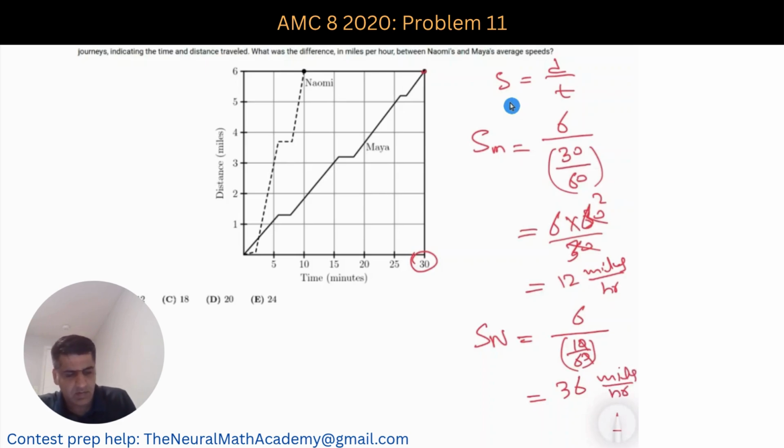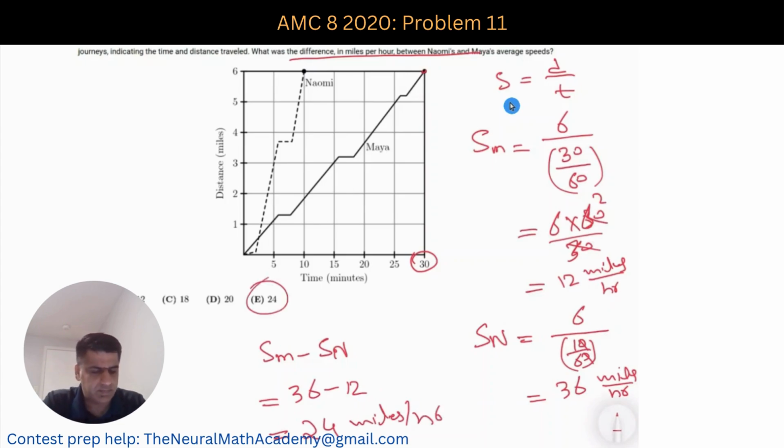And now in order to tell the difference between their speeds, we can simply subtract both speeds, and the answer that I get is 24 miles per hour. So E is the answer for this problem.